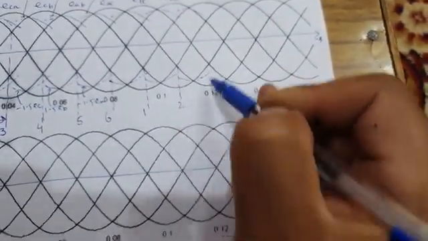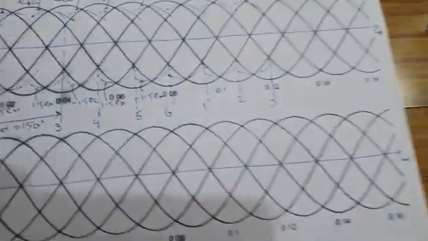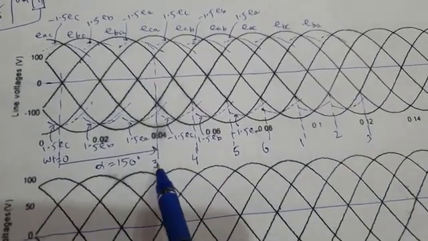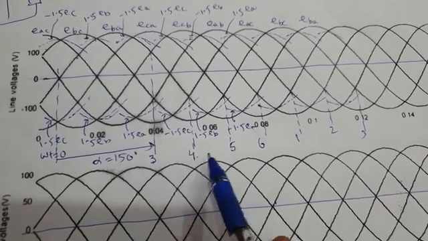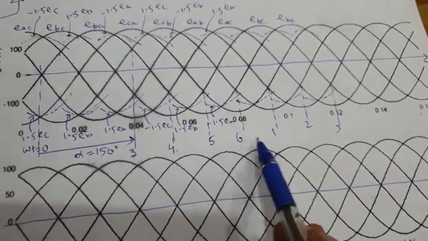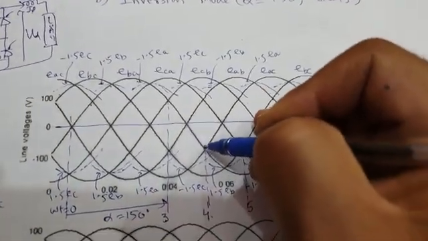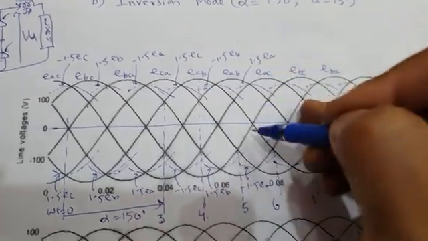Then 2 and then again 3. This is how firing of valves takes place. I have started with 3, after 60 degrees 4, then 5, 6, 1, 2 and 3 and so on. Let me take these firing instants up because I require them later on.